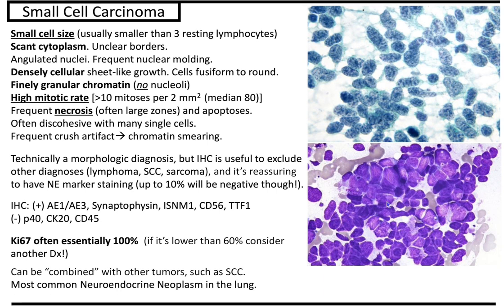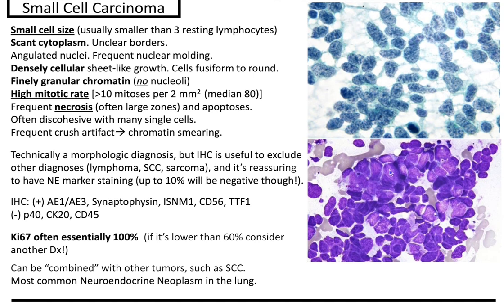Technically, this is a morphologic diagnosis, but IHC is useful to exclude other diagnoses like lymphoma, squamous cell carcinoma, like a basaloid, or sarcoma. And it's reassuring to have neuroendocrine marker staining, although up to 10% will be negative.